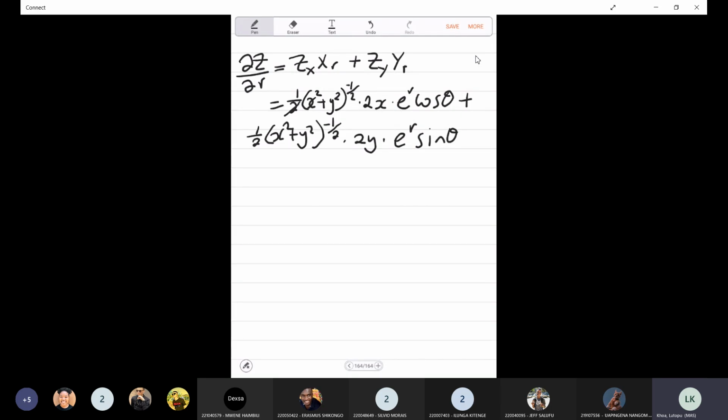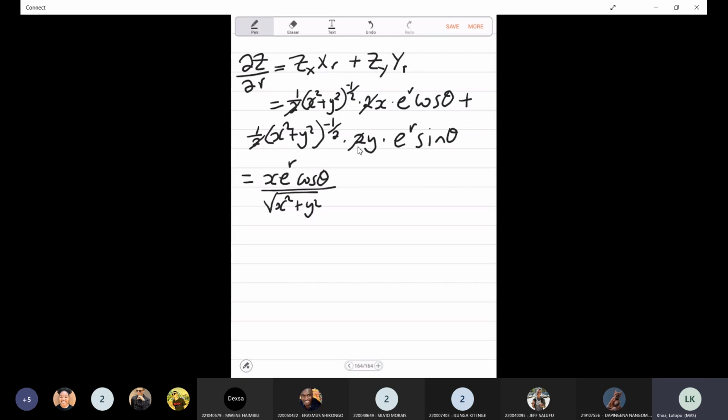You can see that the half and the 2's will cancel, and then what we are left with for the first term is x e to the power of r cos theta over the square root of x squared plus y squared.